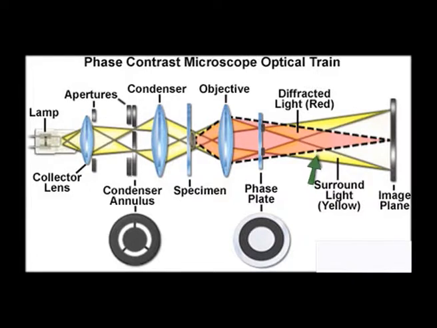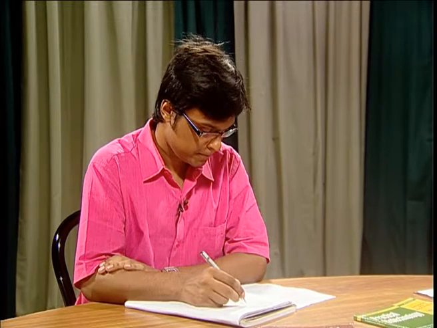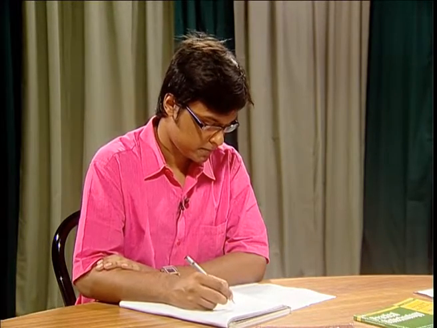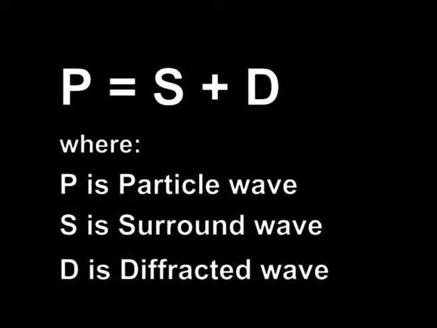Both these rays next cross through the other components of the instrument and then they interact with each other. After they interact, the wave which is given rise to is known as the particle wave or the P wave. So as you see in the equation, P wave is equal to S plus D.